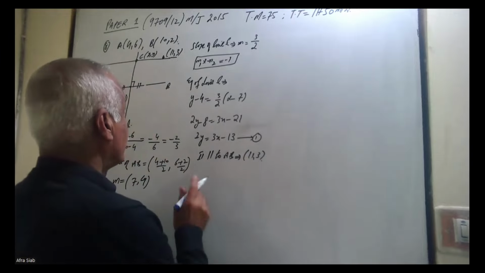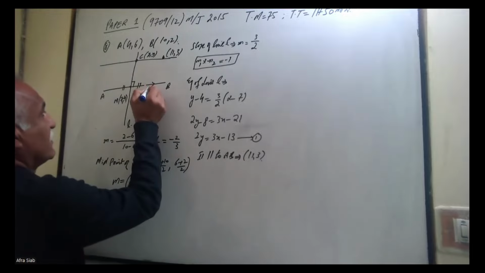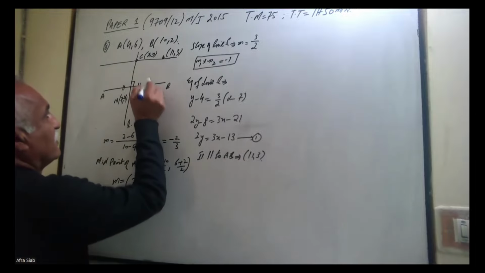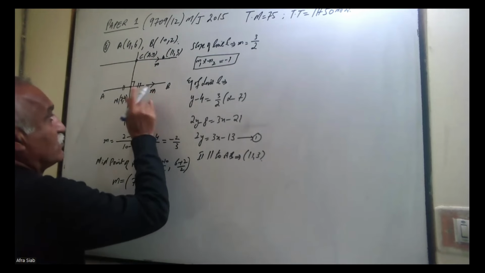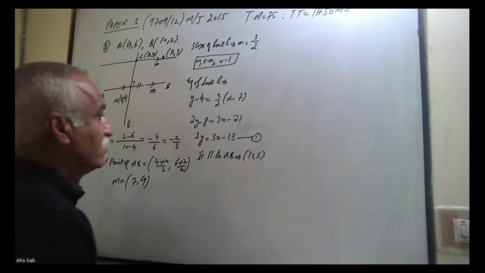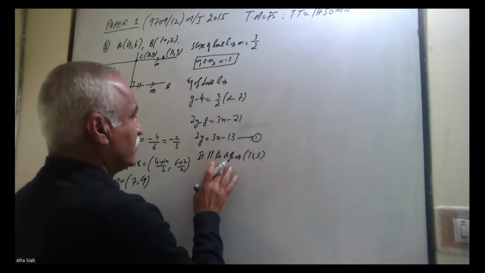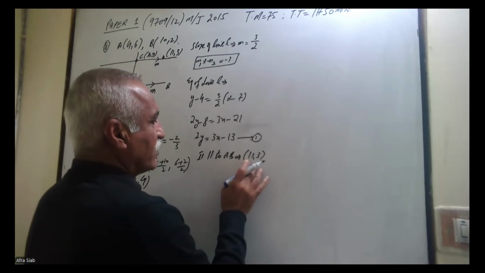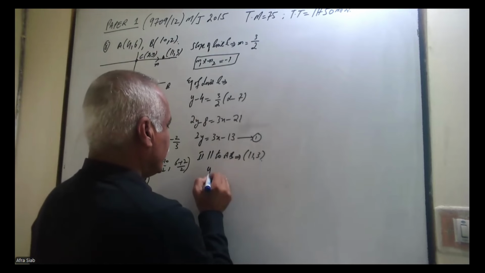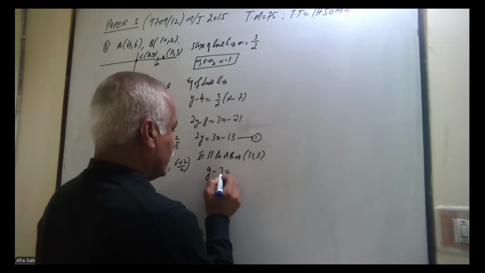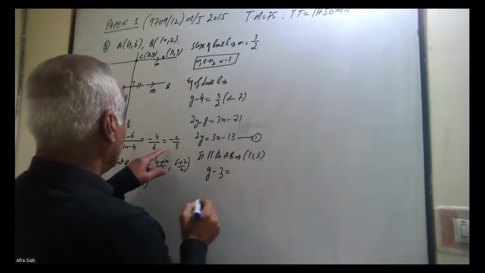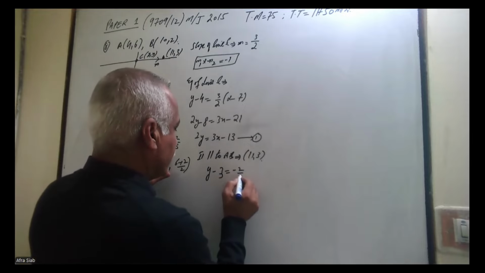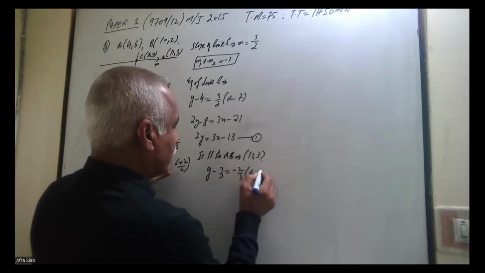We know it is parallel to AB, so the slope of this line and that line are equal, because parallel lines have the same slope. So the equation of the line parallel to AB passing through 11 and 3 is y minus y1 equals M, which is minus 2 by 3, times x minus 11.